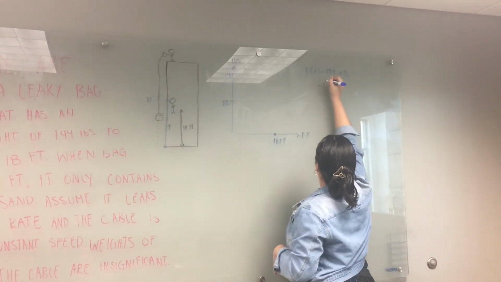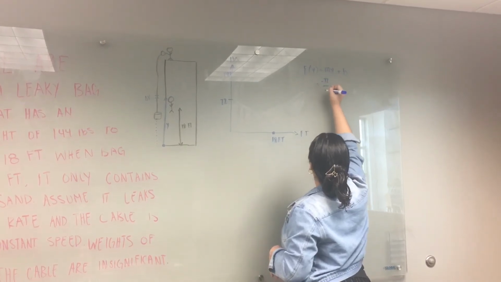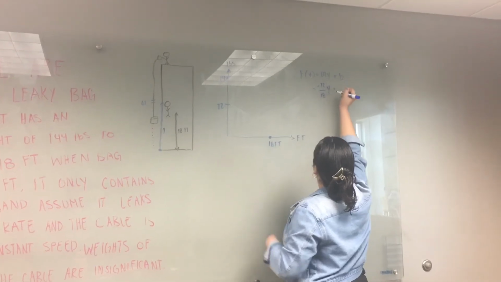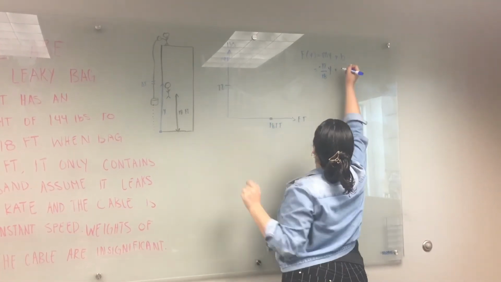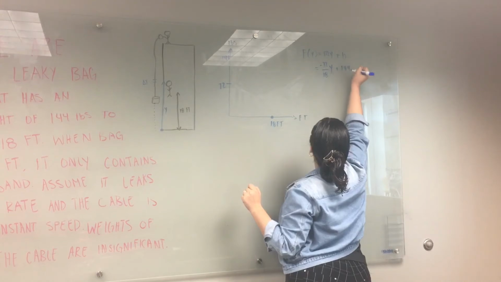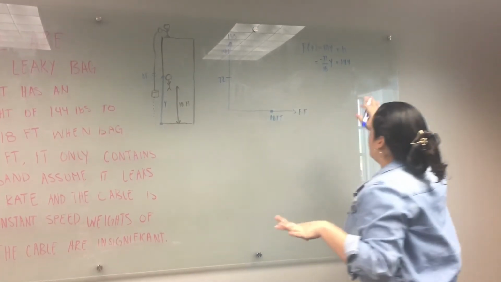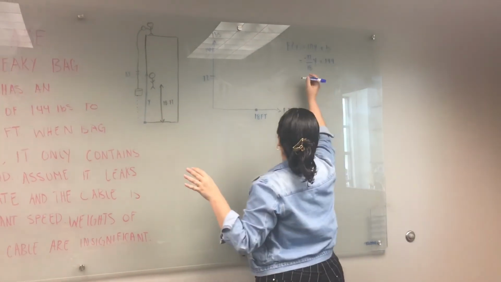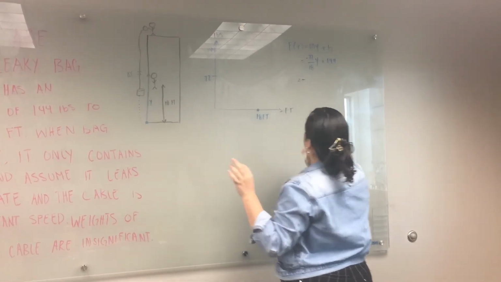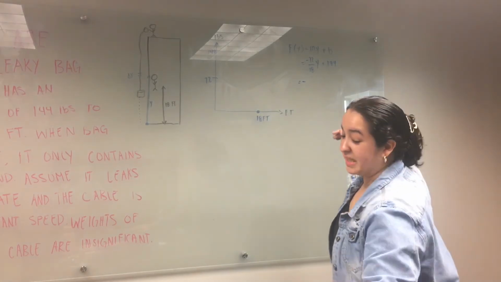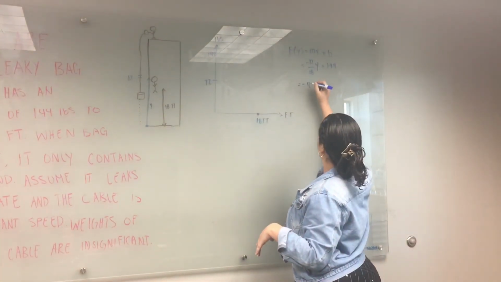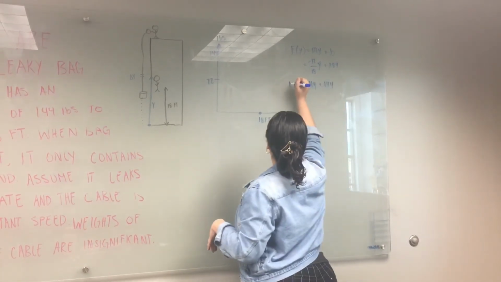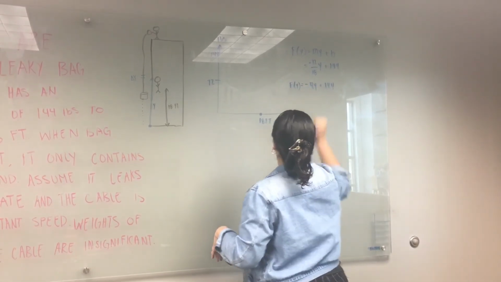So we have negative 72 over 18 times y plus our initial 144. So that's our function of y. We can simplify it to become negative 4y plus 144. And that's our function of y.